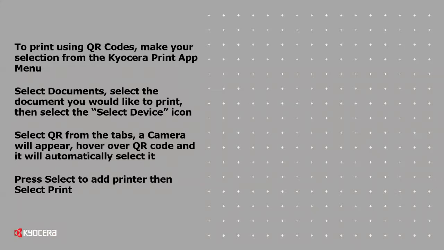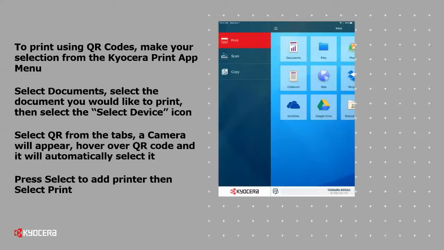make your selection from the Kyocera Print app menu. I selected documents for printing, but all the options there use the same procedure. So you select documents, select the document you would like to print, and then select the device icon in the lower left.